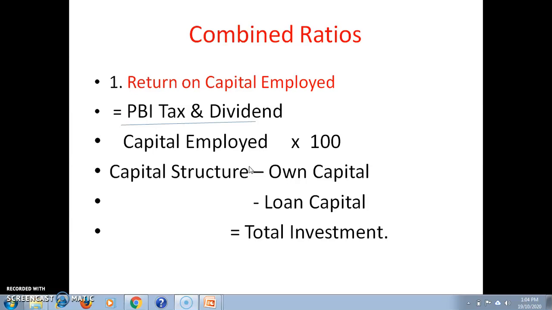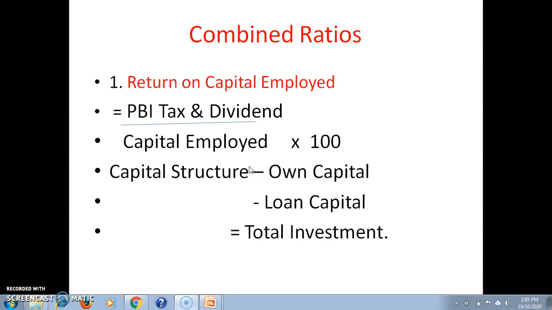Capital employed. Capital employed means own capital, that is equity share capital plus preference share capital plus undistributed profits plus reserves and surplus, that is the P&L account credit balance, less fictitious assets. Fictitious assets means miscellaneous expenses and losses, P&L account debit balance, etc., plus loan capital. Loan capital means long-term borrowings, that is debentures, bonds, bank loans, etc. Own capital is also known as proprietors' funds or net worth, plus long-term loans.